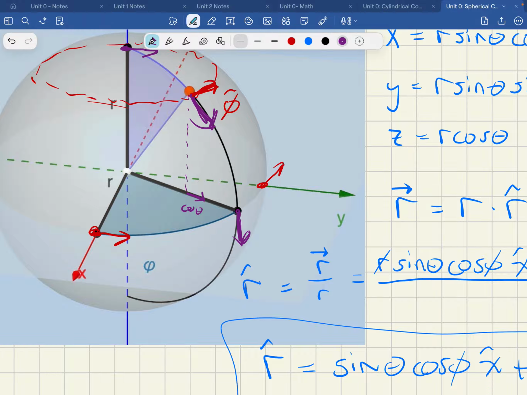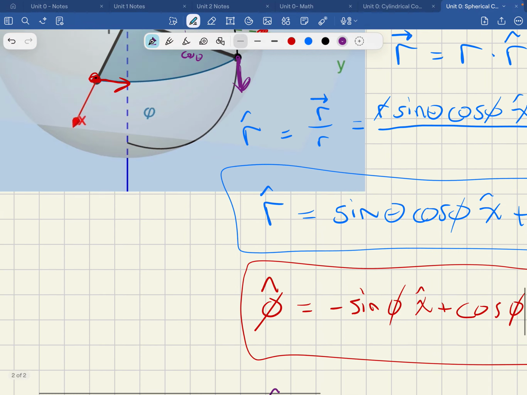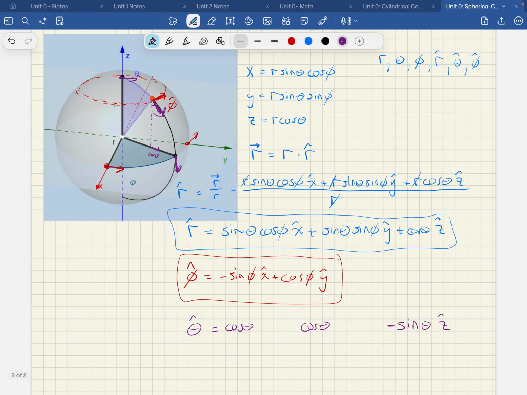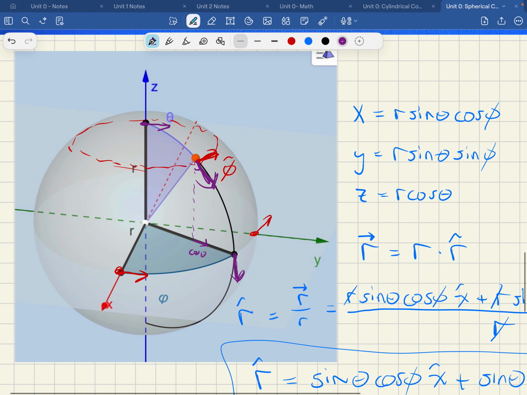Because this angle here is theta, which means this angle is 90 minus theta, which means the opposite side of that triangle is going to be cosine theta.